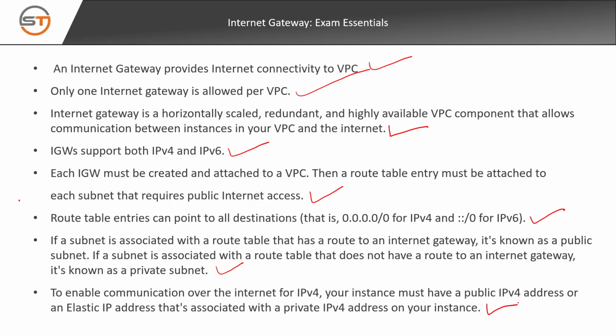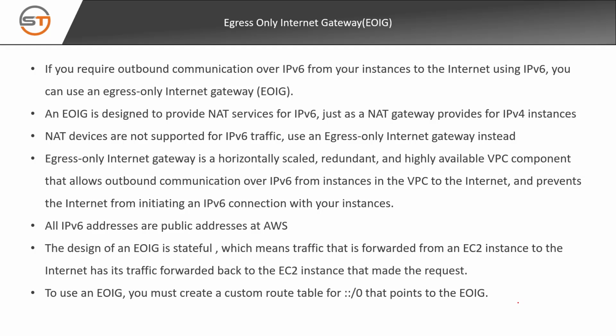So let's discuss the egress gateway now. Let's go over a few points for the egress gateway because it is very similar to the internet gateway. So we'll go over the important points only and not in detail. The first is if you require outbound communication over IPv6 from your instances to the internet, you can use an egress only internet gateway.